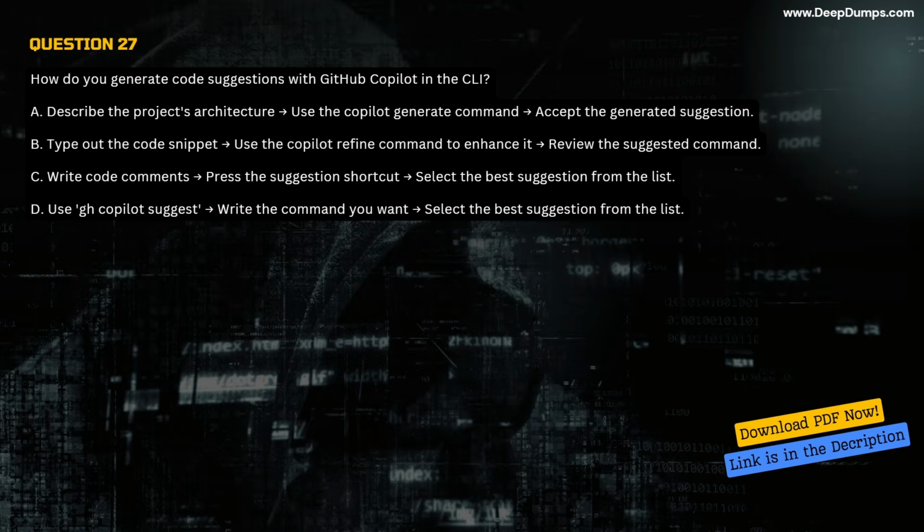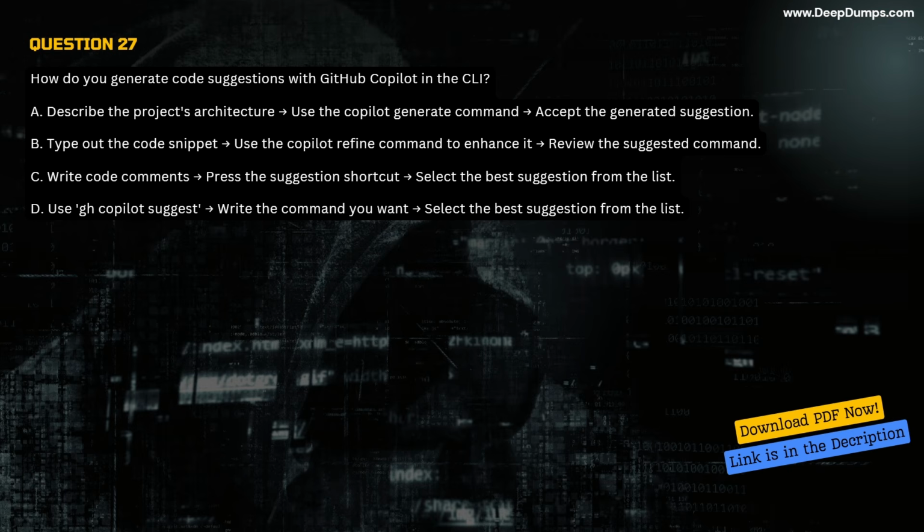Question 27. How do you generate code suggestions with GitHub Copilot in the CLI? A. Describe the project's architecture. Use the Copilot generate command. Accept the generated suggestion. B. Type out the code snippet. Use the Copilot refine command to enhance it. Review the suggested command. C. Write code comments. Press the suggestion shortcut.